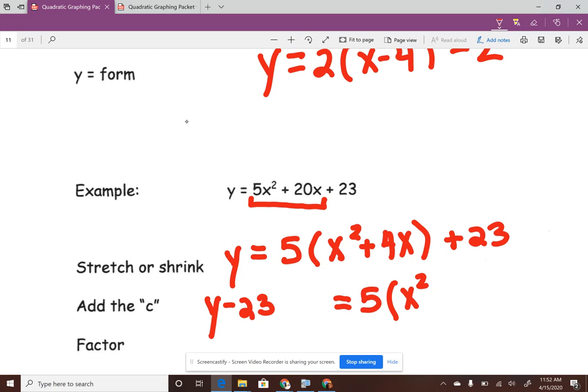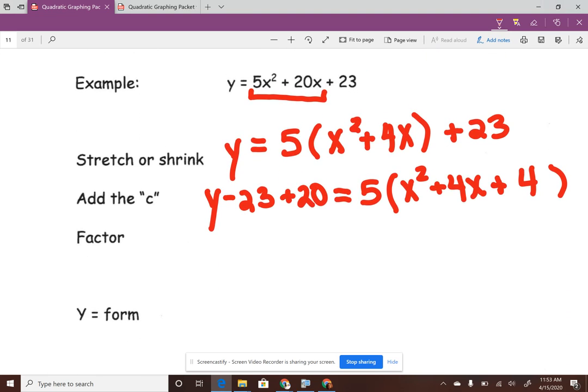And I have x squared plus 4x plus, I don't know. Okay. So half of 4 is 2. 2 squared is 4. So I'm going to put a 4 here. But that's not really a 4. It's really 5 times 4. So I really added a 20. The distributive property.